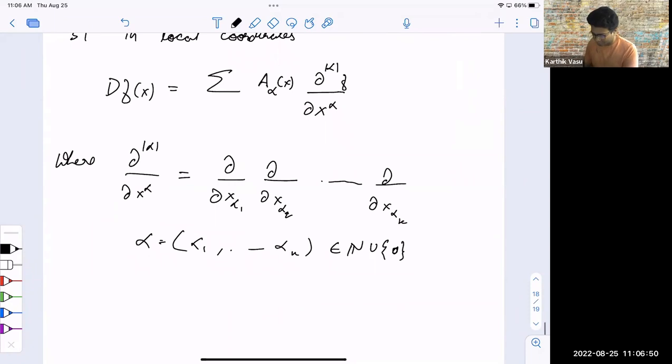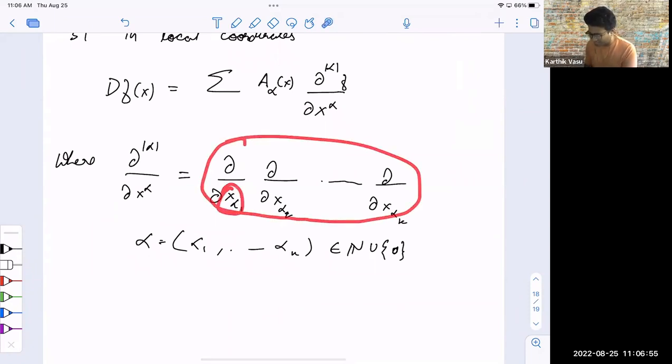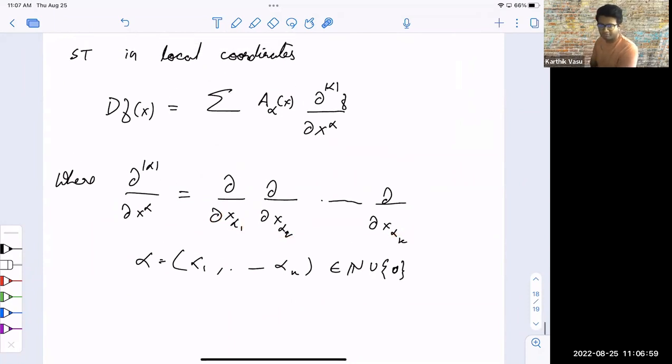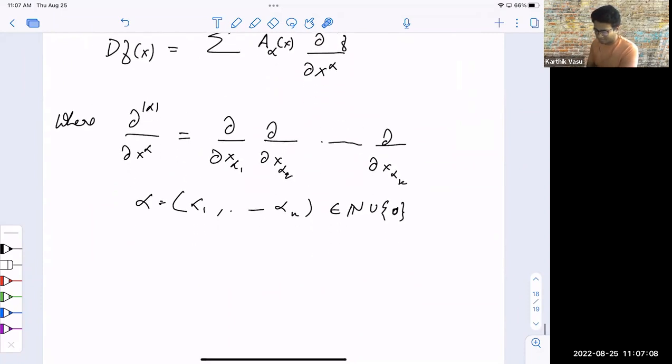These are just natural numbers and you are basically differentiating in that direction. So x1, x2, x3, up to xn will be directions or coordinates on your manifold, and you're just differentiating your function in that direction. And you'll also put some coefficients along with it. So these are differential operators.